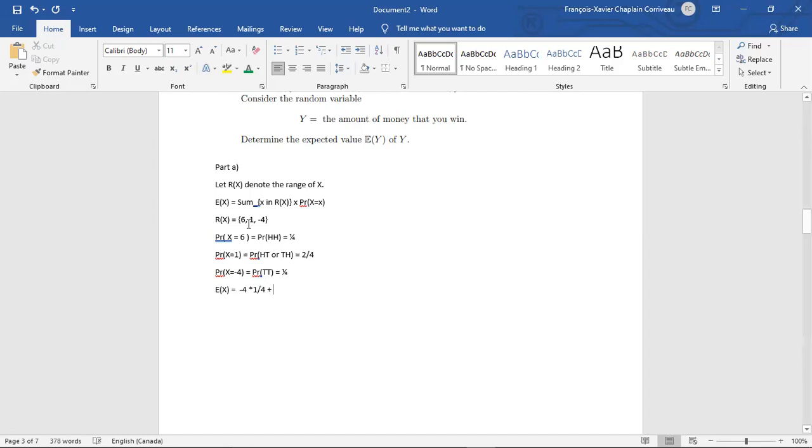Plus 1 times the probability that X is equal to 1, which is 2 over 4, plus 6 times 1 over 4. Now you just compute this. It's 1 over 4 plus 6 over 4, which is 7 over 4.